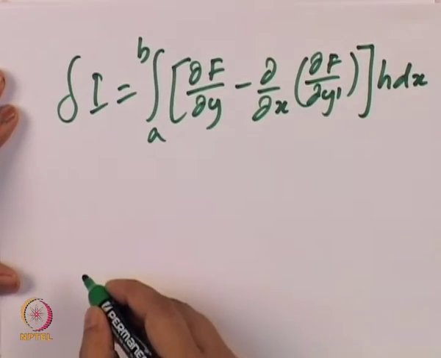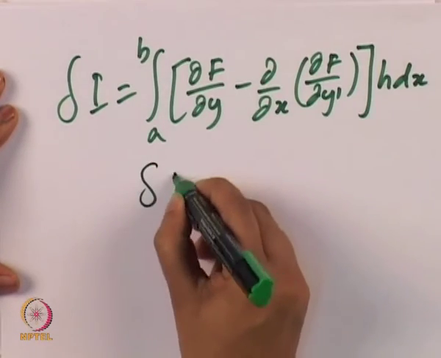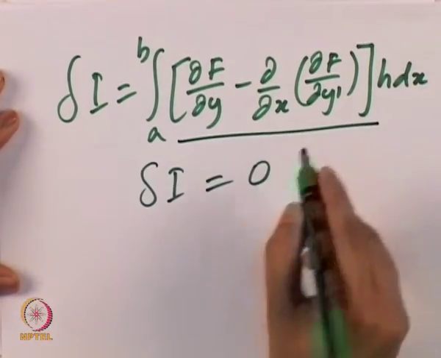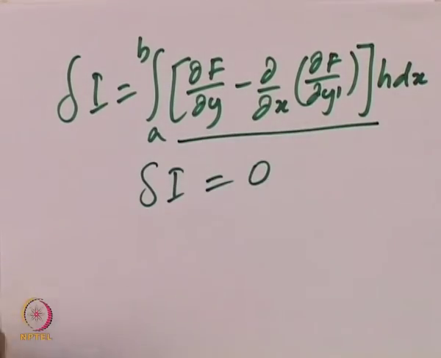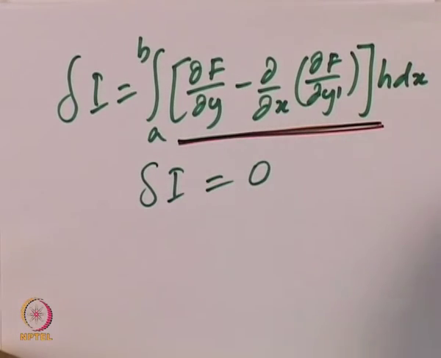But for this to be stationary, meaning 0, whatever we have here as the integrand should be equal to 0, because we know h is not equal to 0.